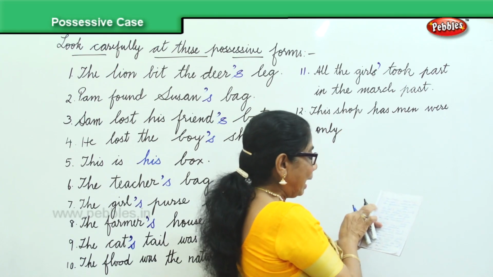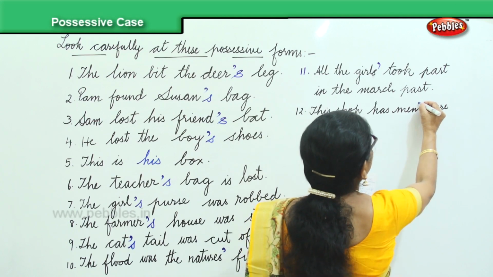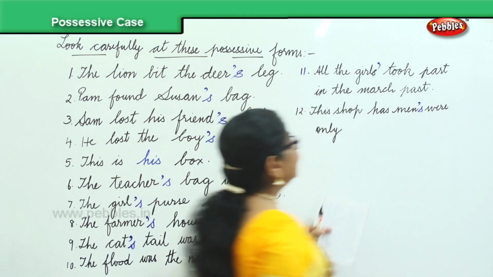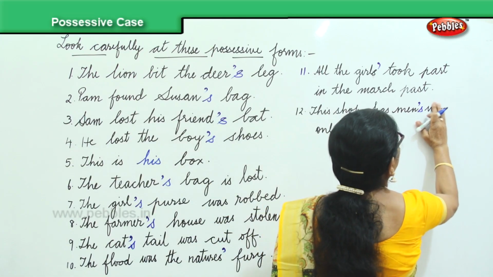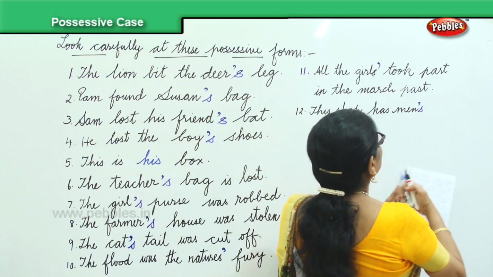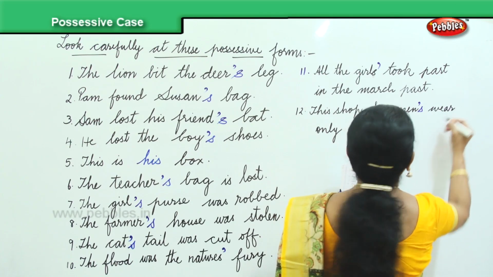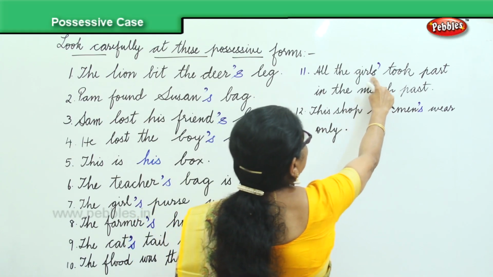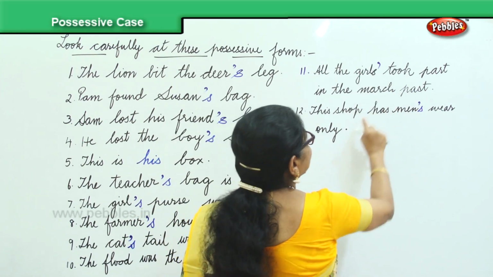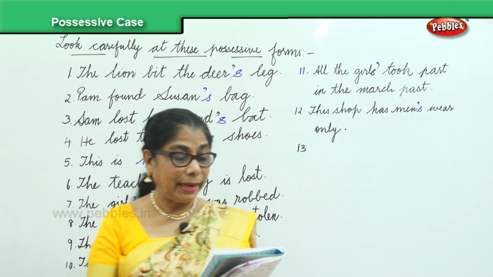So men, and you have apostrophe S, men's wear only. Girls took part. Men's wear only. Possession. Next.